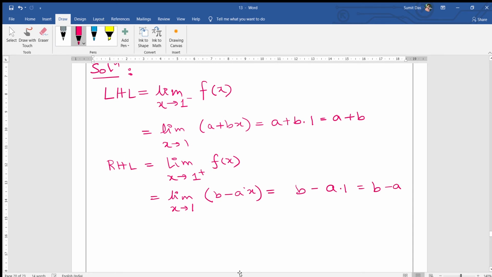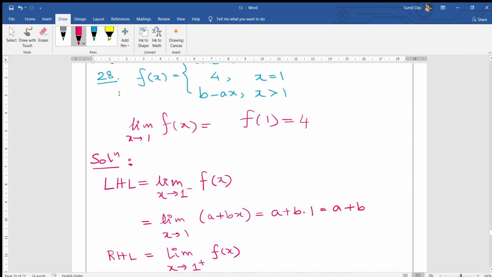Now one thing, in the question it is given that the limit of f(x) equals f(1).